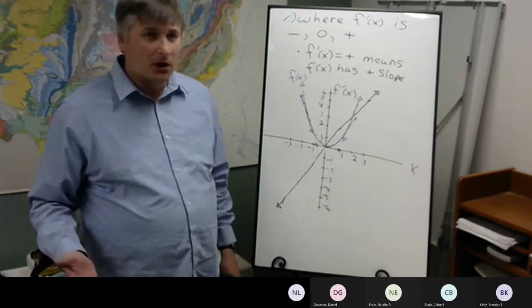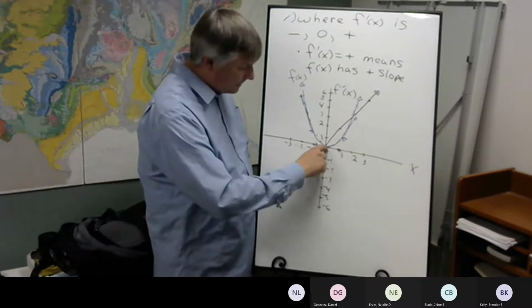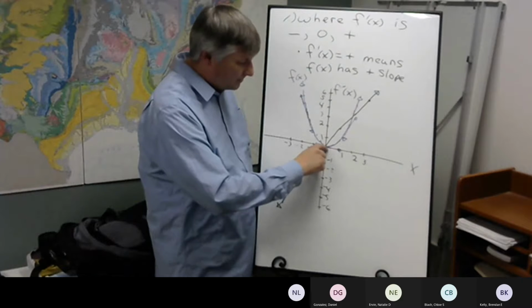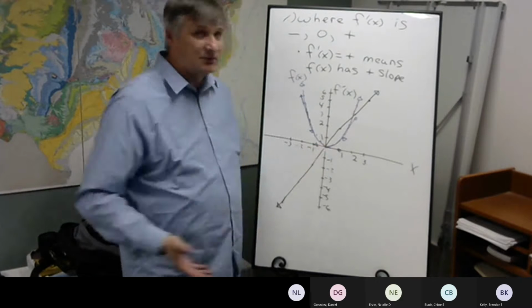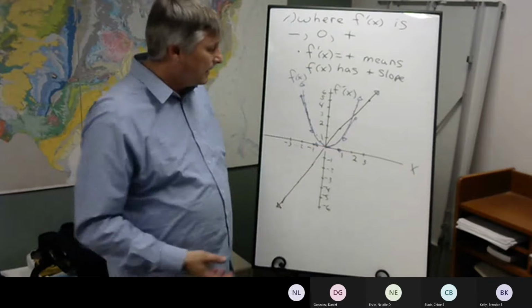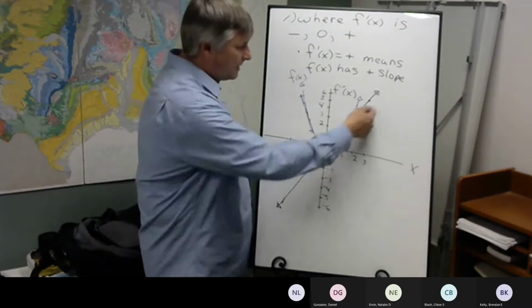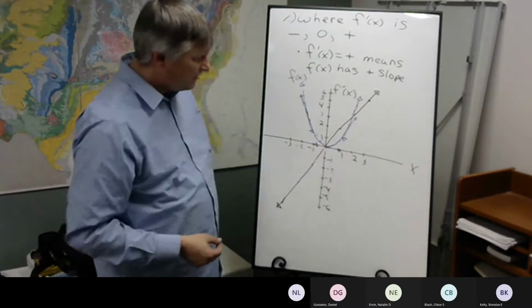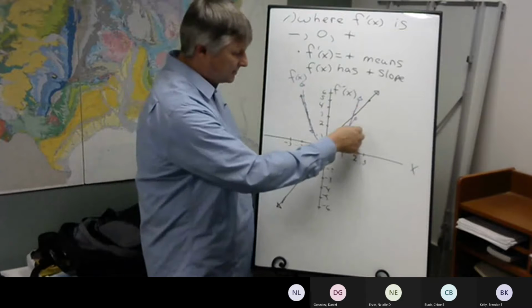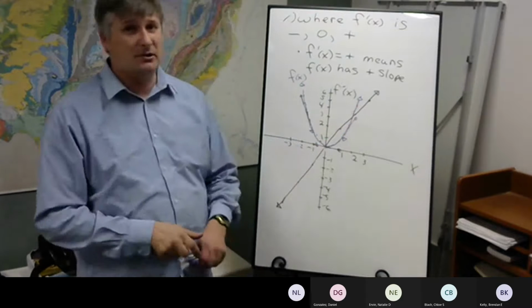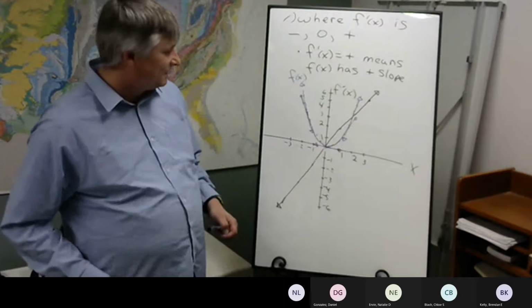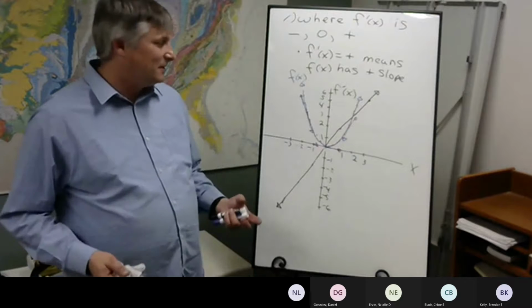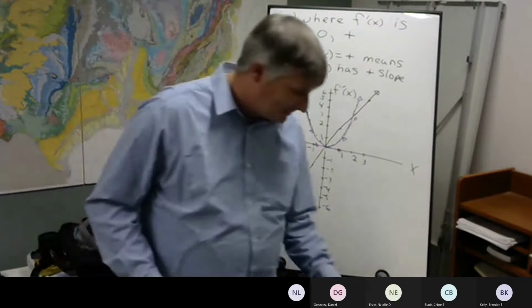When f prime of x is 0, then on f of x, there's going to be a tangent line that has a slope of 0. And when f prime of x is positive, then f of x has tangent lines that have a positive slope. So that's going to be the advantage of that.